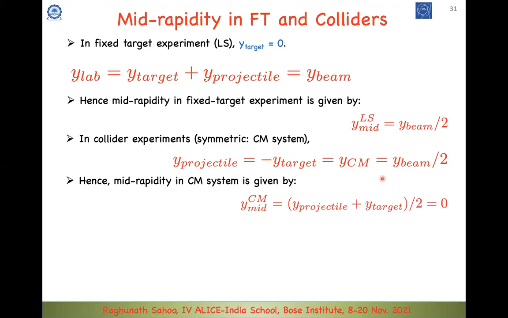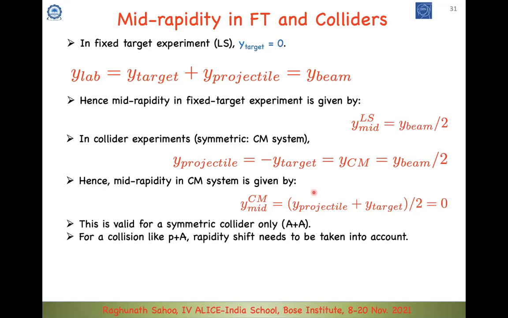But then your mid y in the center of mass will be 0. So that is what you saw, that your rapidity spectra is peaking at 0 for the center of mass system, whereas in the fixed target it was shifted to your y beam. This is valid for symmetric collisions, and for asymmetric collisions like PA, a rapidity shift has to be taken into account, which, because of time constraints, I'm not discussing.